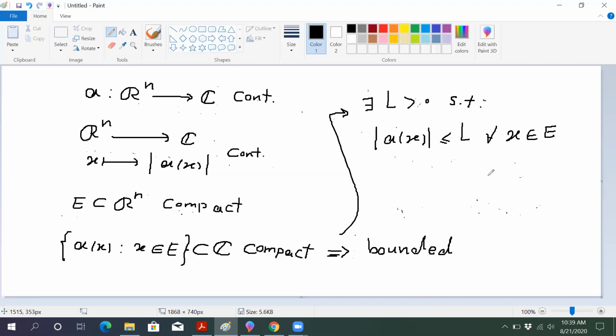We need this to show that our function is well defined. If you remember, in every metric space, every compact set is closed and bounded, right? We are using that fact.